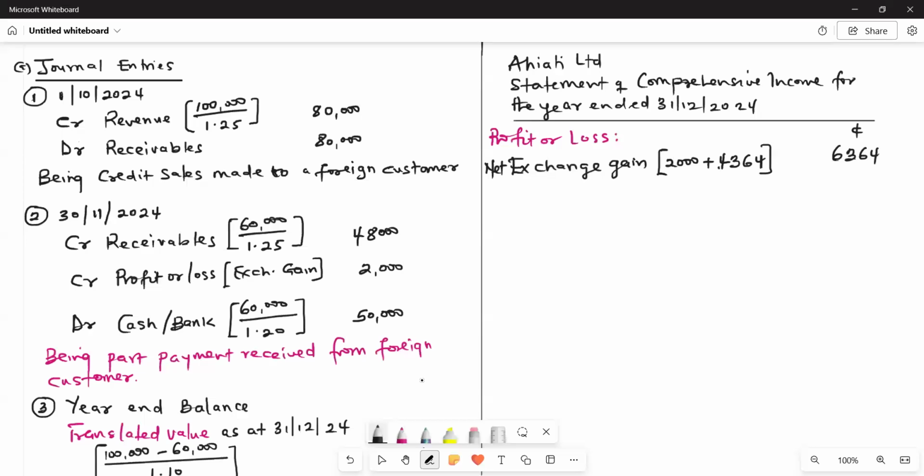Friends, do you get it? So this is the B part. The whole of the first part is 4 marks.